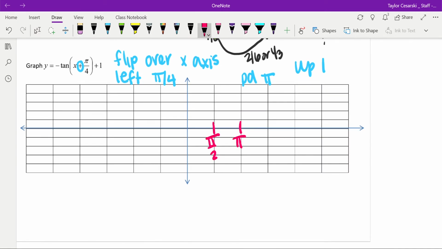So that makes that pi over 2, 3 pi over 2, and 2 pi. All right, so then normally where my asymptotes would be is on the first lines and the third lines.